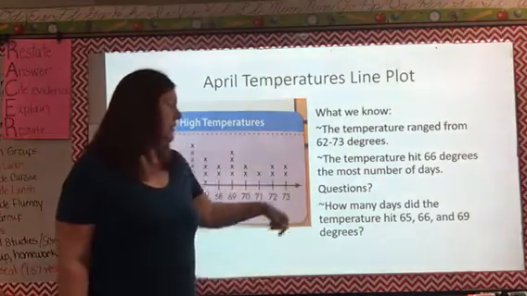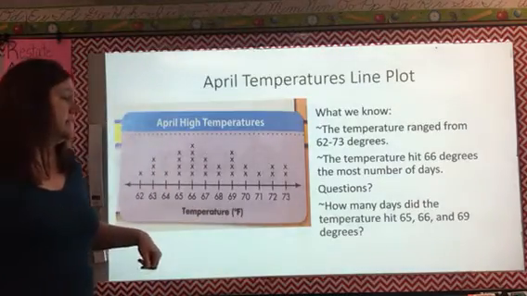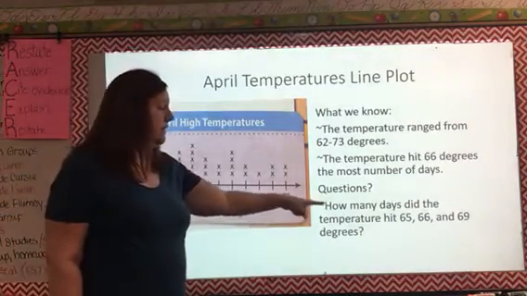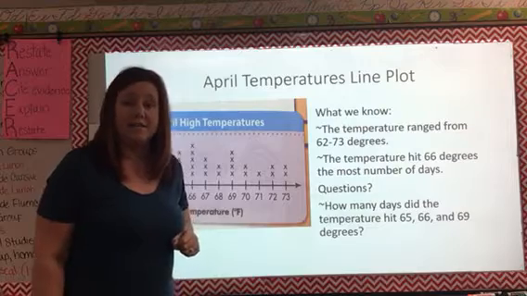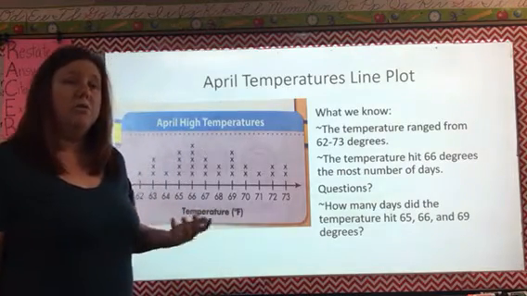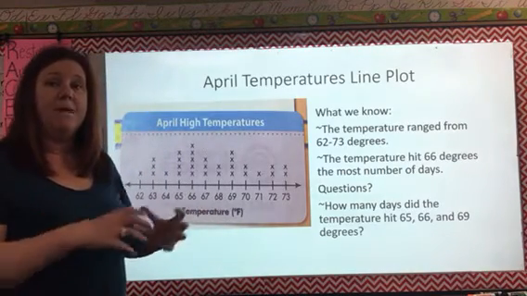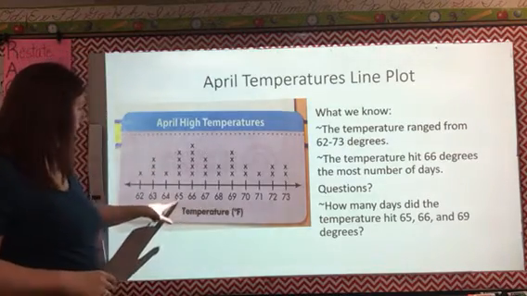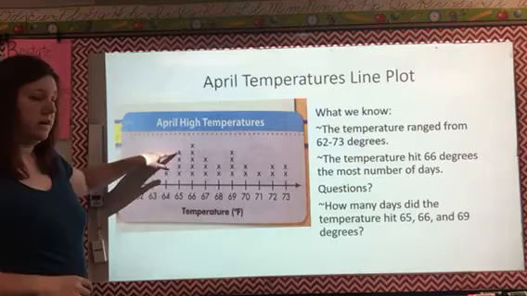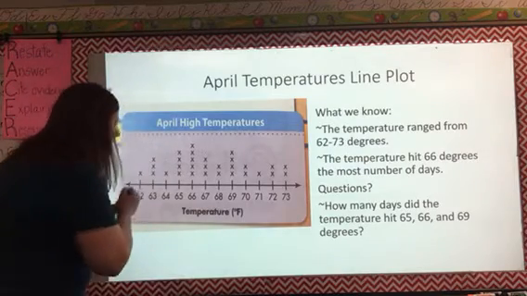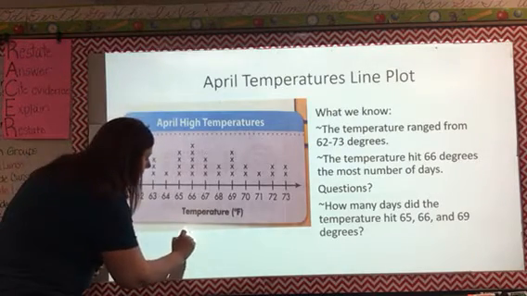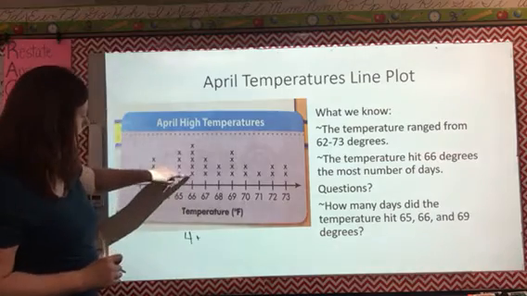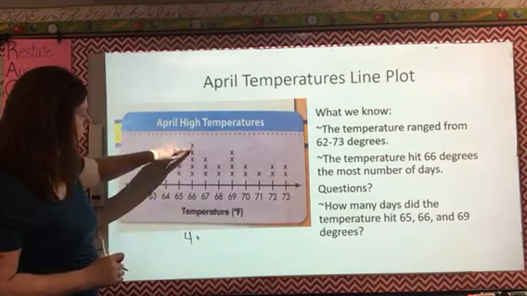Now let's answer some questions. How many days did the temperature hit 65, 66, and 69 degrees? Well, we have to take that information and combine, okay? Add it up. So 65, here's 65, we had 4, okay? The next one is 66. 1, 2, 3, 4, 5.